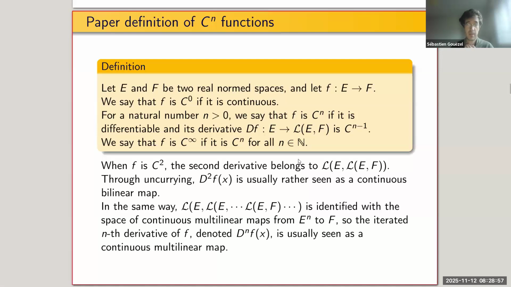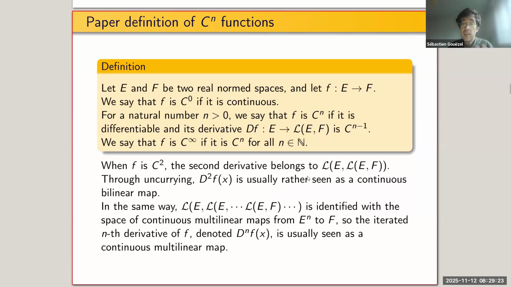But what does that mean? It means that a function like that can eat a vector in E, and then you get a continuous linear map. So it can then eat a second vector, and you send it to a point in F. So you can think of this as a function taking two arguments, two vectors in E, and giving you an element in F.